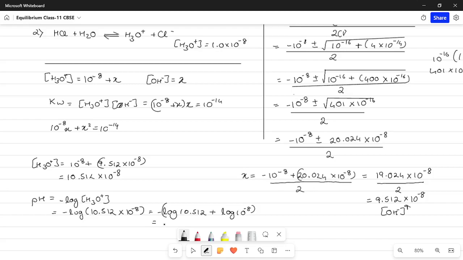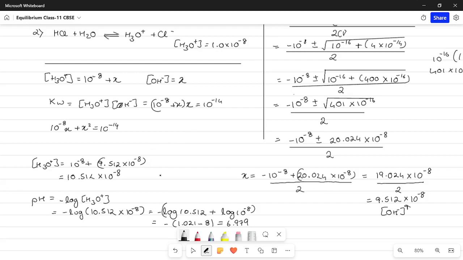Log 10.512 is 1.021, and log 10 to the power minus 8 is minus 8. Now when you simplify this you get 6.979.